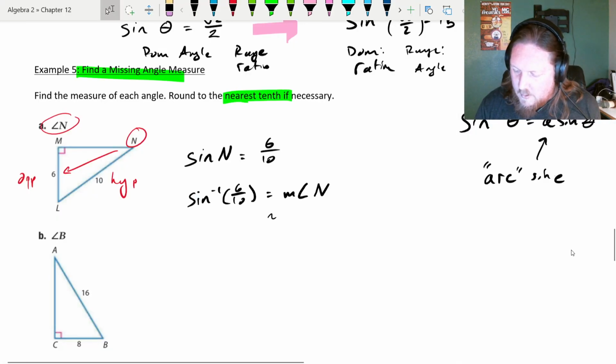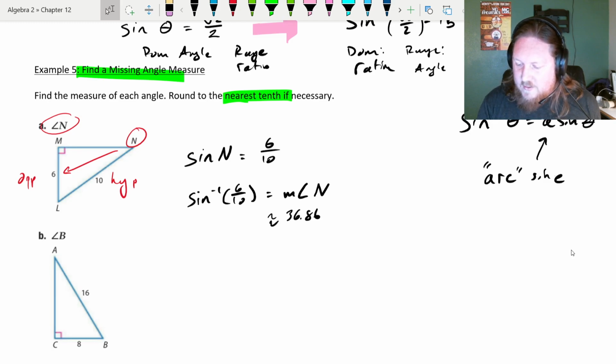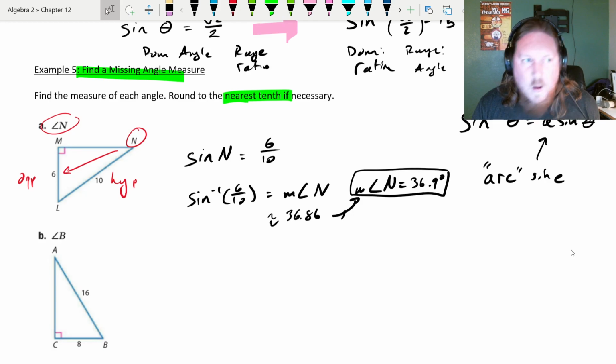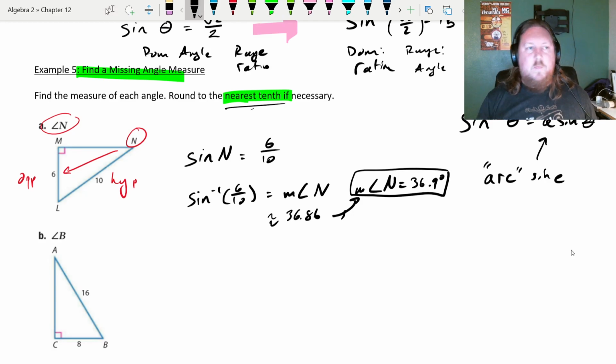So that's approximately 36.86, and it said round to the nearest tenth, so I round that up. So measure of angle N is equal to 36.9 degrees. Do pay attention to how far they tell you to round it. Some problems will just round it to the nearest angle, some want the nearest tenth, some want more.